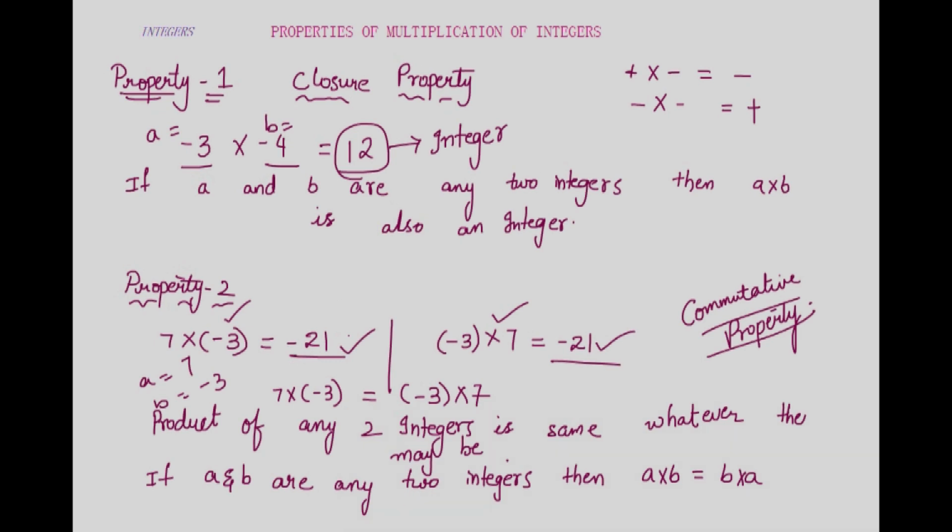And the next property is property number 3. Let us take an example of 3 integers. Minus 4 into minus 3 into 2.